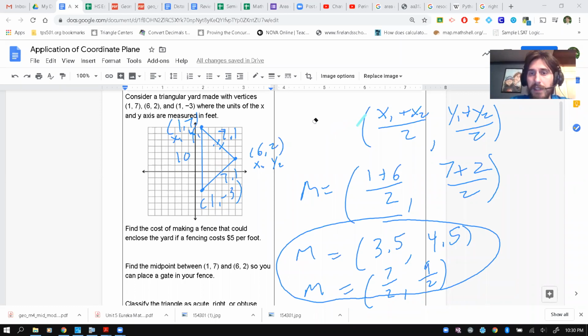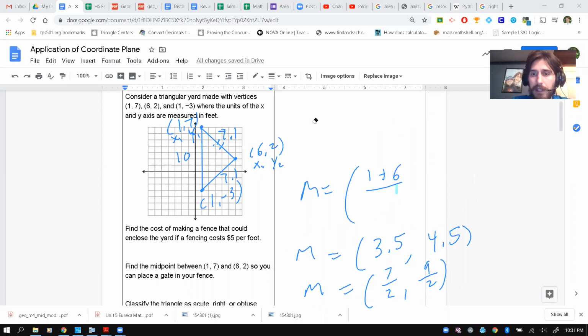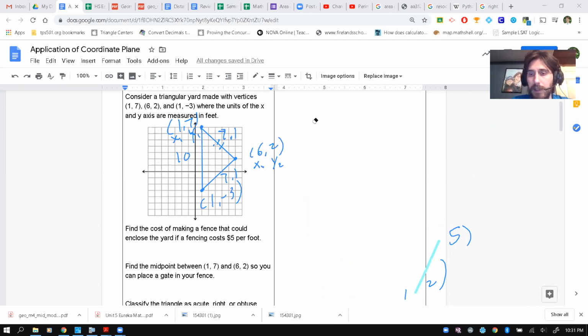Okay, the next thing that we're going to do is find the area of this shape. And you can find the area of this shape using the method that we did in the second video in this series, which is to classify this shape and then use a formula to find it.